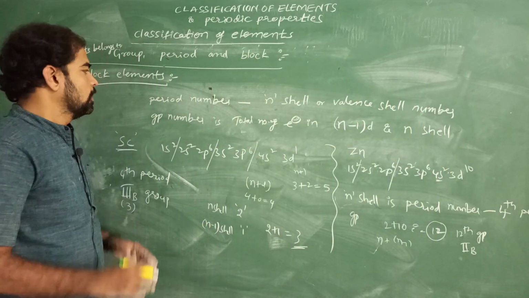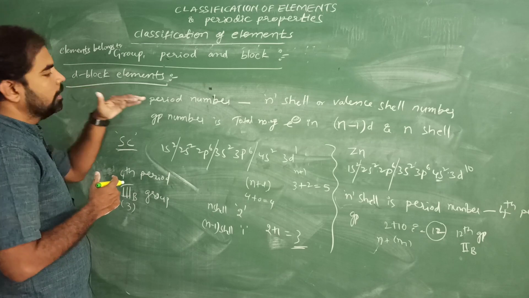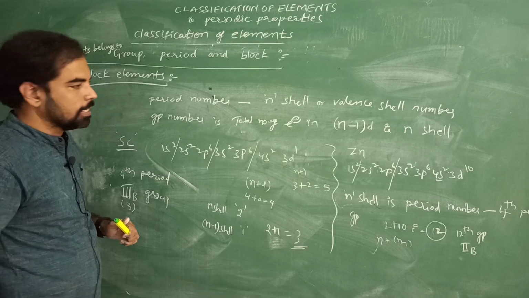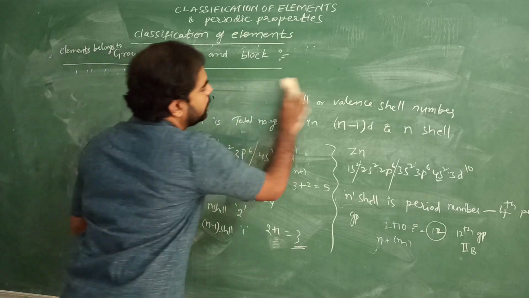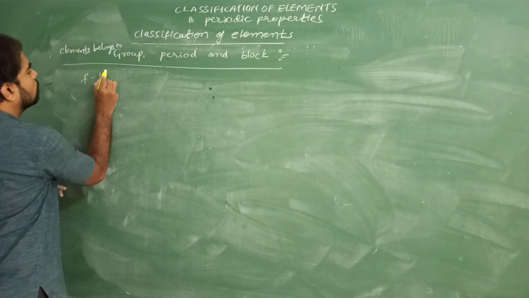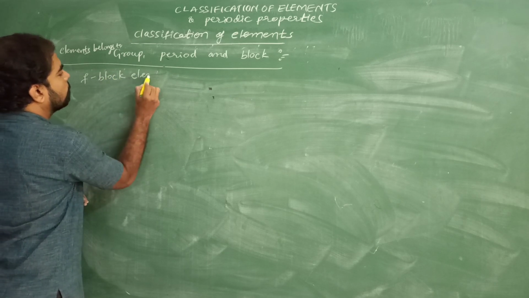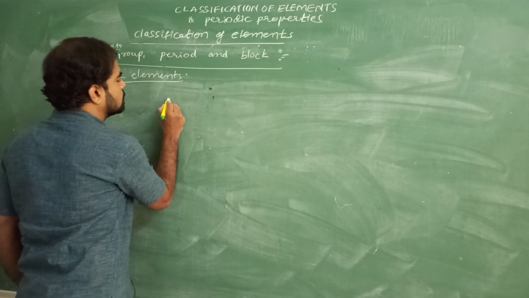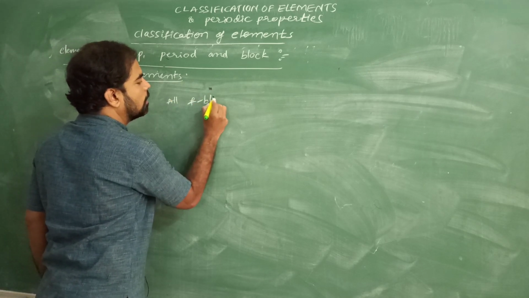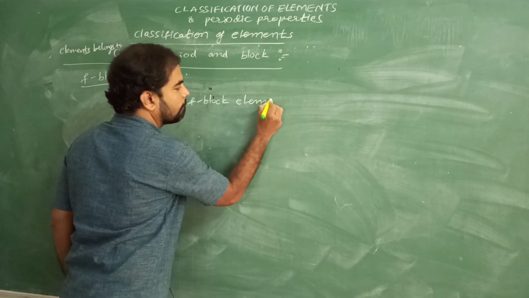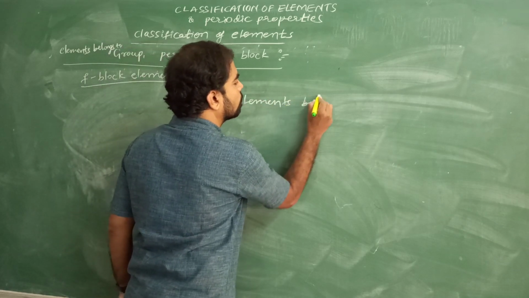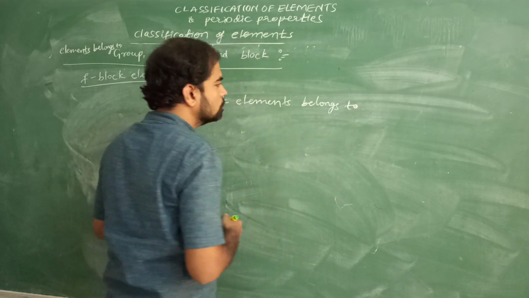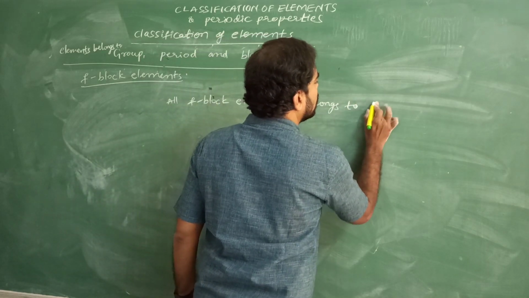Okay students, by this method we can find the group number, period number and block of different elements. Similarly, next, f block. Simply, all f block elements belong to the third group.